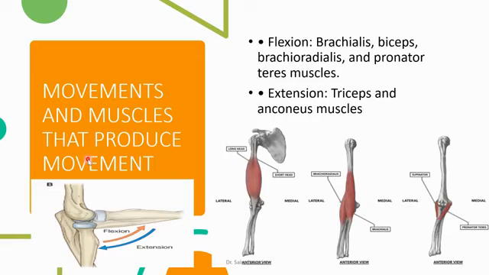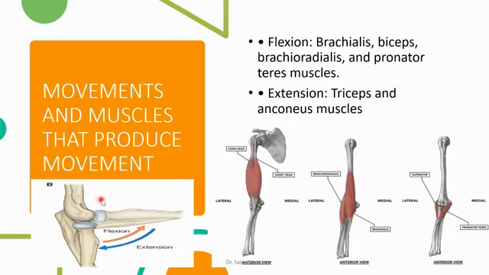So, what are the movements? I have told you that the elbow joint is a hinge type of joint. So basically, the movements are flexion and extension. This is flexion when the forearm is going to move towards the arm, and here you can see the angle will be decreased between the bones.